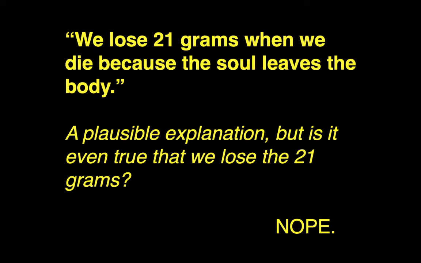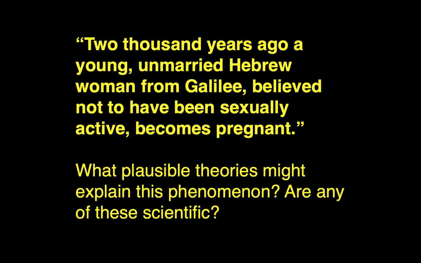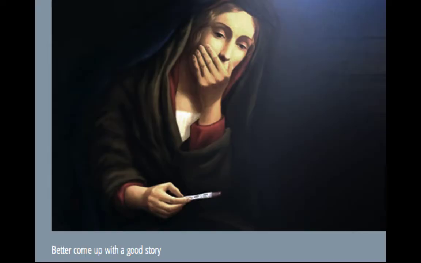This is certainly a plausible explanation, but is it even true that we lose the 21 grams? Nope. Here's another story. 2,000 years ago, a young, unmarried Hebrew woman from Galilee, believed not to have been sexually active, becomes pregnant. What plausible theories might explain this phenomenon? Are any of these scientific?